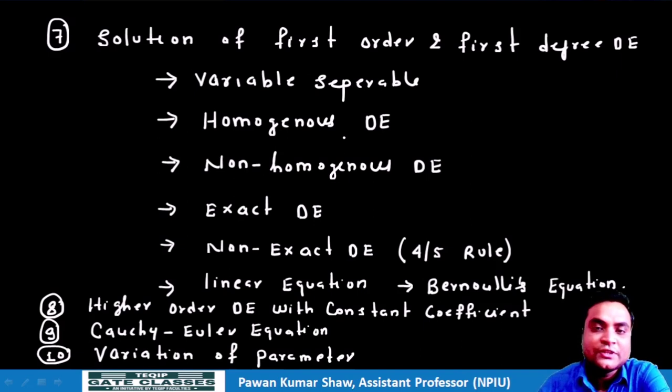These are the methods to solve first order and first degree differential equations. In this lecture we will start with the variable separable method, then see the homogeneous differential equation, and after that the non-homogeneous differential equation. So let us start with the variable separable method.